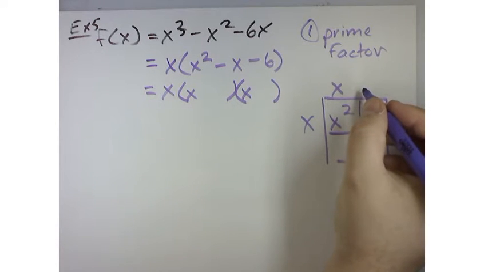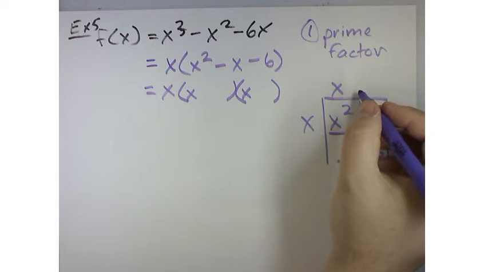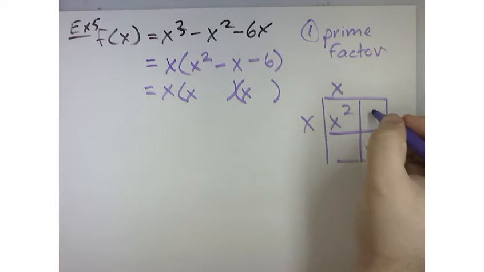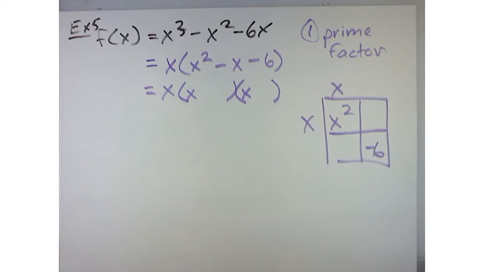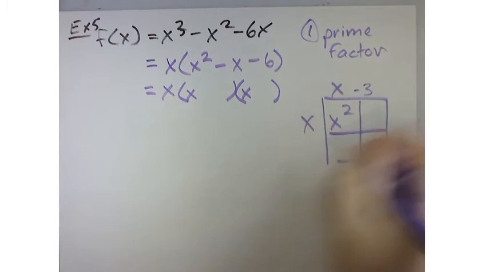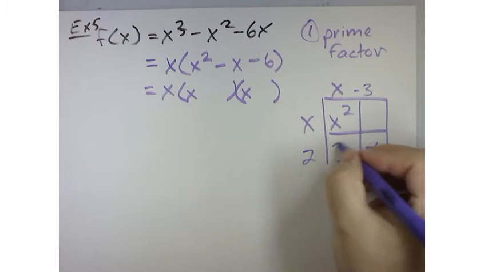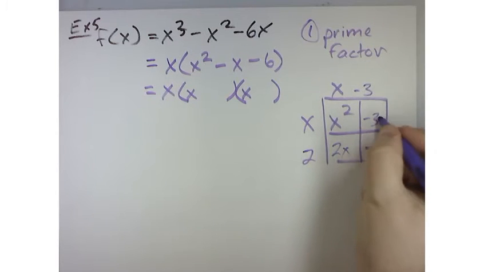Huh? 1 and 6 are 2 factors, but if I plug in a 6, like if I have 6 minus 1 I get 5, and if I have 1 minus 6 I get negative 5, so that won't work. What are some other factors? Negative 3 and 2, she says with confidence. So then I get 2x here and negative 3x. When I combine those like terms, what does that equal?